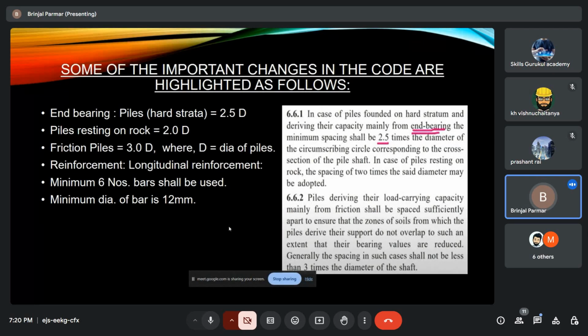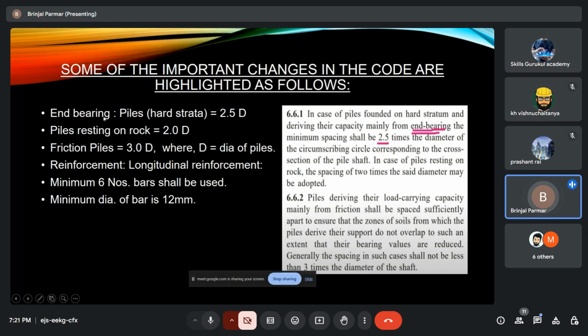There are some most important changes for end bearing pile as per IS 2911, clause 6.6.1. In case of piles founded on hard stratum and deriving their capacity mainly from end bearing, the minimum spacing shall be 2.5 times the diameter of the circumscribing circle corresponding to the cross section of the pile shaft.